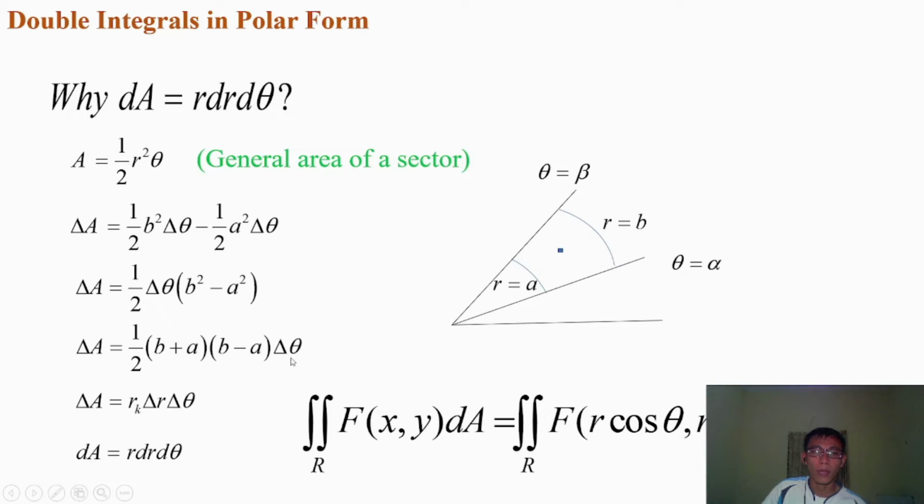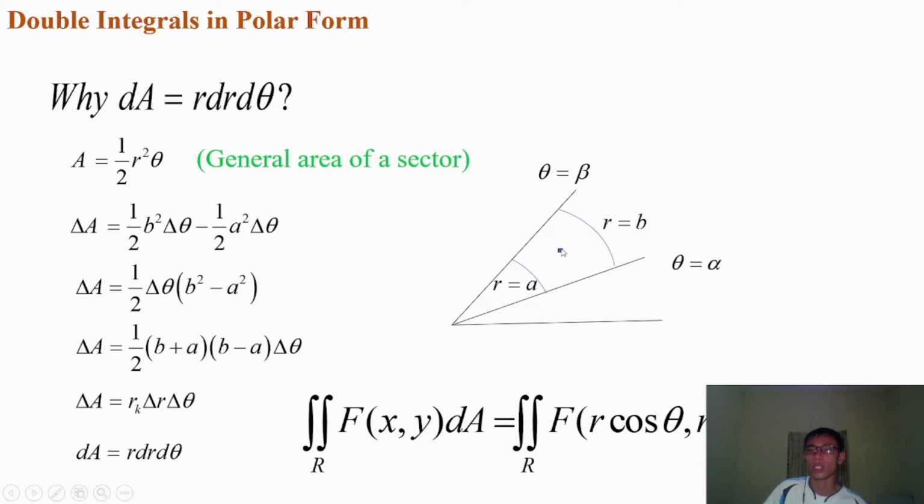And b minus a is the change of the radius from here to here, which is delta r, multiplied by delta theta. So suppose that we chop this area into smaller pieces, then what is it going to be?